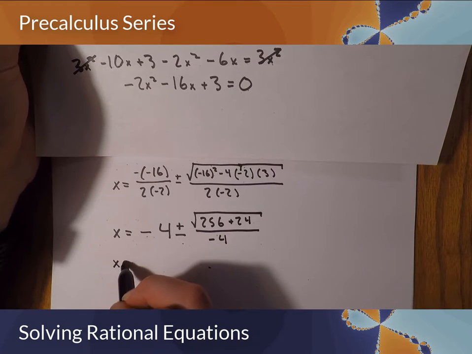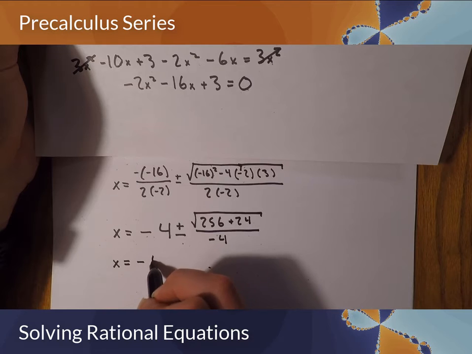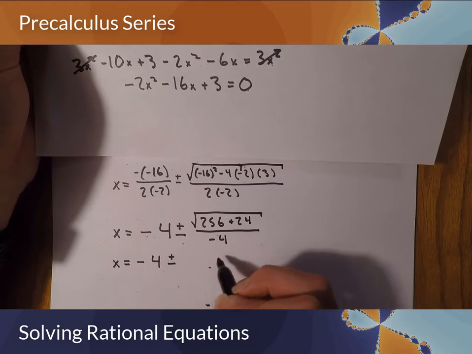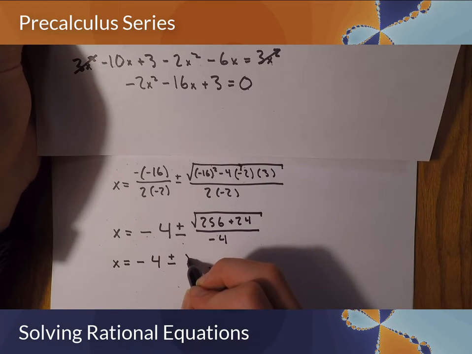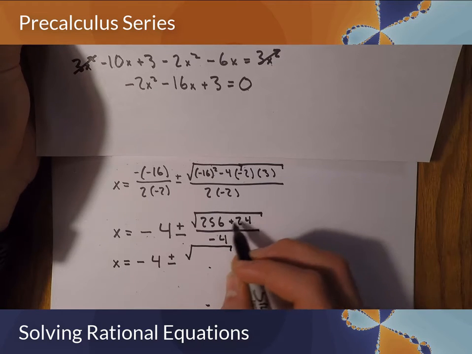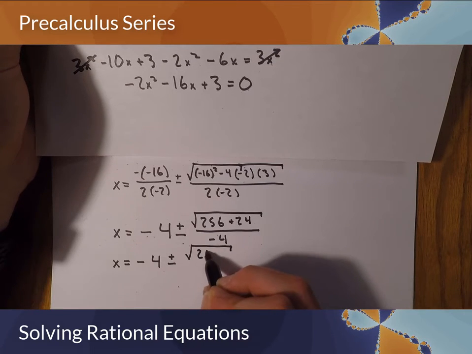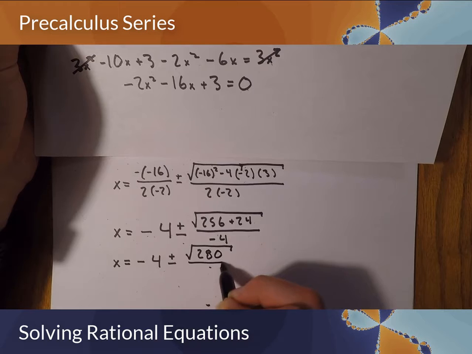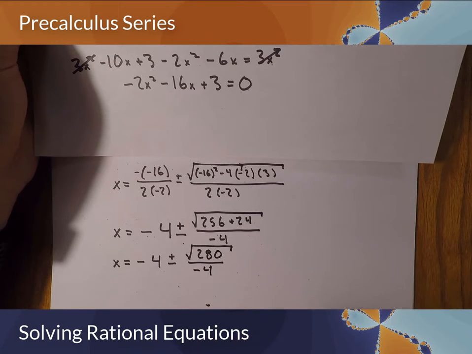And so now we get negative 4 plus or minus, and 256 plus 24, well, that is 280 over negative 4.